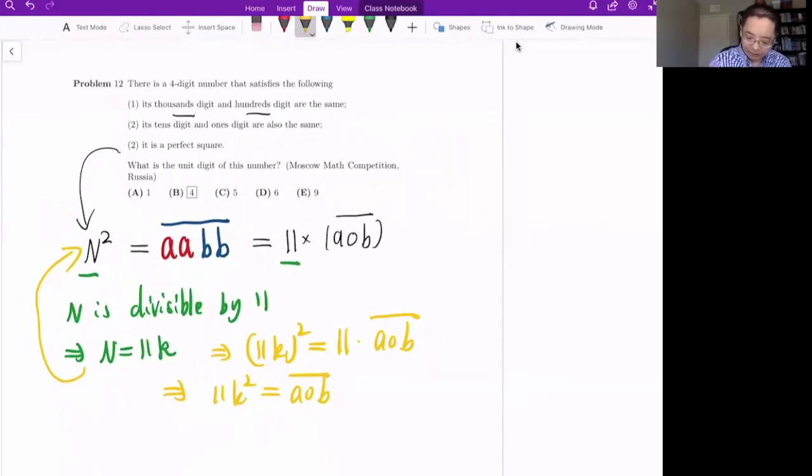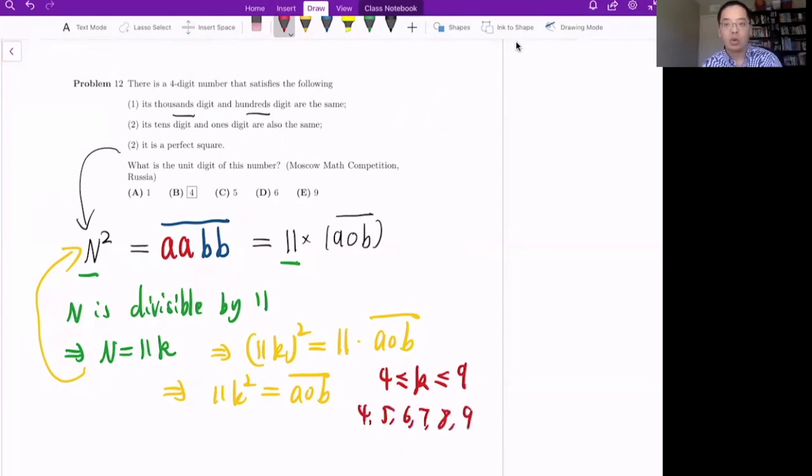Now from here, it's clear that we are looking for an integer k such that k squared multiplied by 11 is a 3-digit number with the middle digit 0. For the choice of k, obviously k has to be no less than 4, and it cannot go beyond 9. Then all you need to do is check one by one: I can check 4, 5, 6, 7, 8, 9, and see which one, plugged into the expression, gives me a 3-digit number.